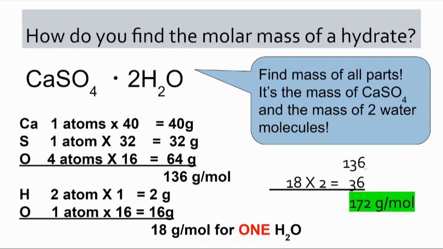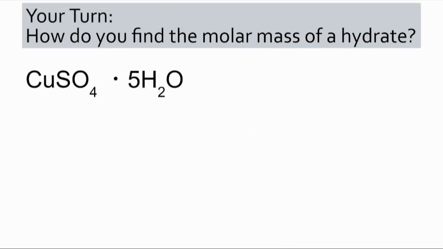The calcium sulfate part was 136 grams. The 2 water molecules are 36 grams. So all total, we have 172 grams per mole. You try it. Can you find the molar mass of copper sulfate pentahydrate?